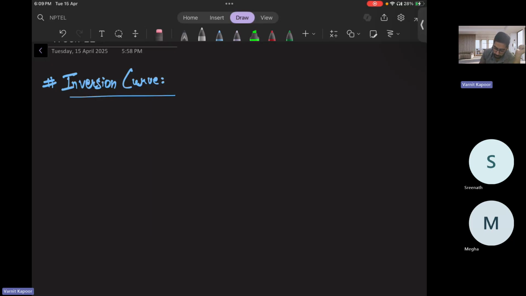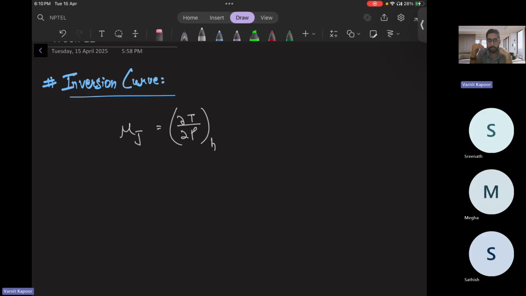So we knew that mu_J, the Joule-Thomson coefficient, gives us ∂T/∂P at constant enthalpy. So the slope of the temperature-pressure plot is nothing but your Joule-Thomson coefficient for isenthalpic curves. And when you draw multiple curves like this for constant enthalpy processes, you can say that the peaks of the curves form an inversion curve.